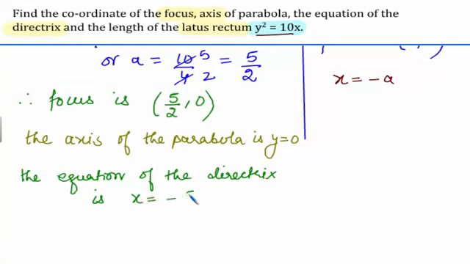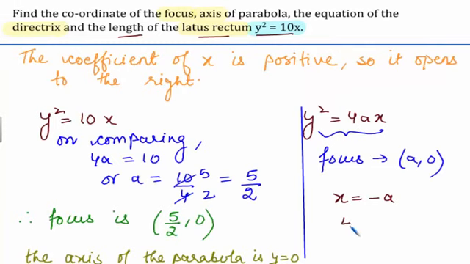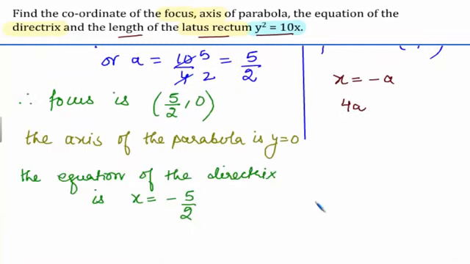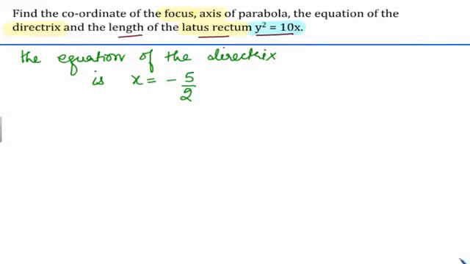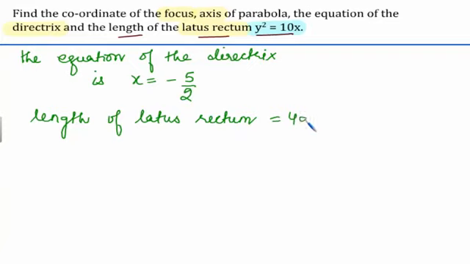Finally, we have to find the length of the latus rectum, and we know that for this parabola the length of the latus rectum is 4a. Therefore, here the length of the latus rectum is equal to 4 into a, that is 4 into 5/2, which is equal to 10.